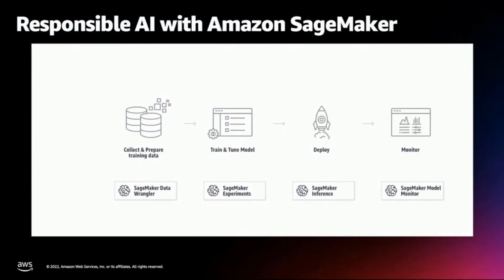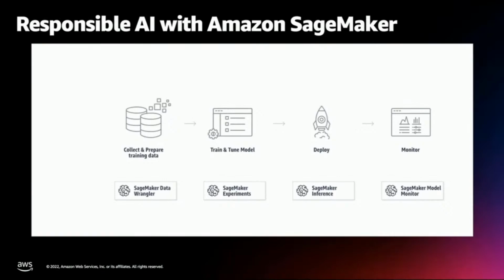Now, this talk is not about SageMaker functionality in general. The expectation is that you probably know about SageMaker, but just to give you a high-level overview, SageMaker handles these key steps in any machine learning model lifecycle.